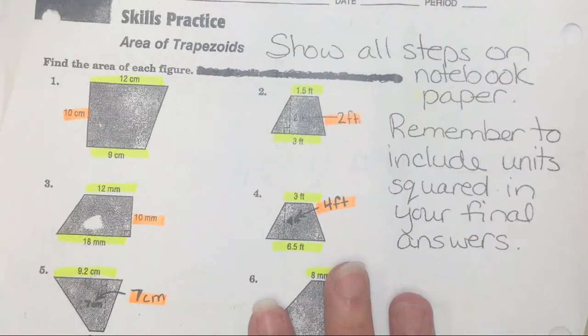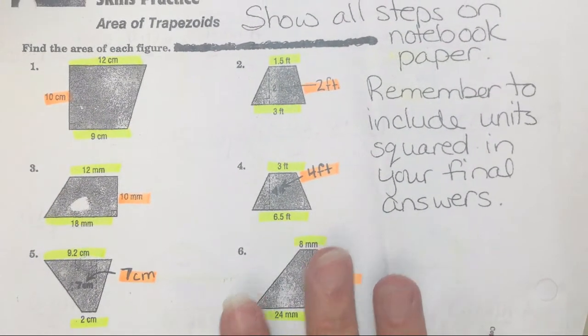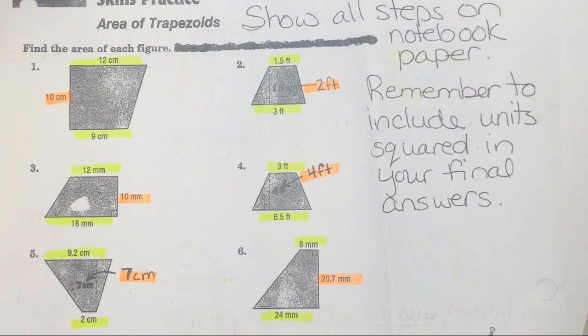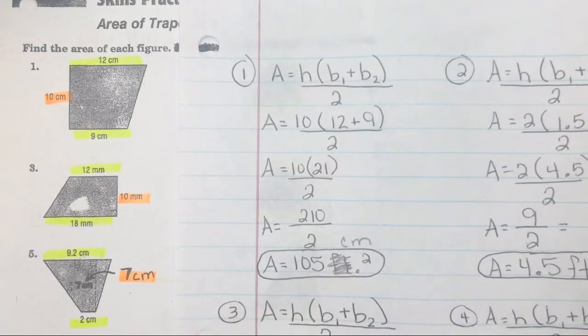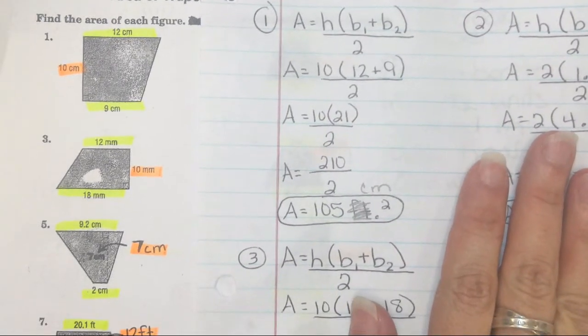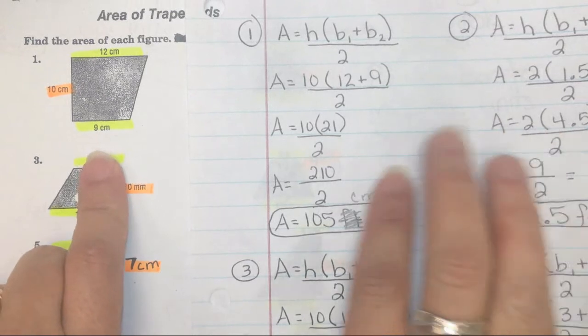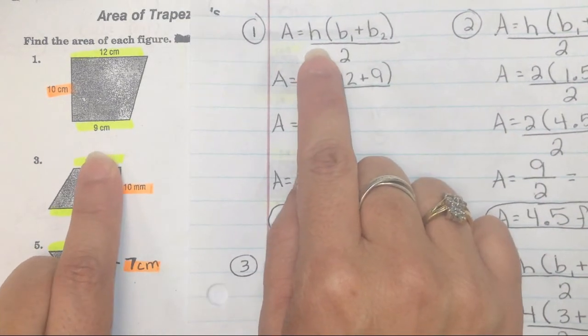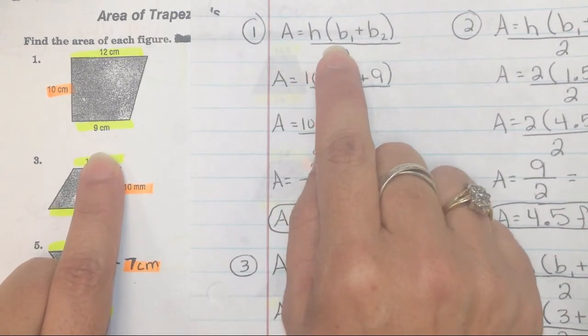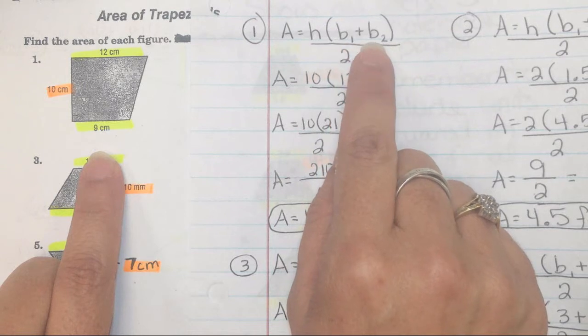Now, this is the worksheet that y'all had for homework. And basically, I just want to show you the first one and just kind of let you see it. Okay. On a trapezoid, the formula is height times, there are 2 bases. You add them together.